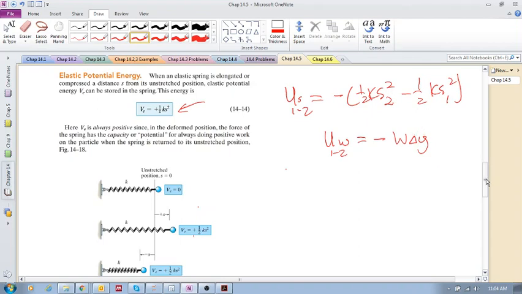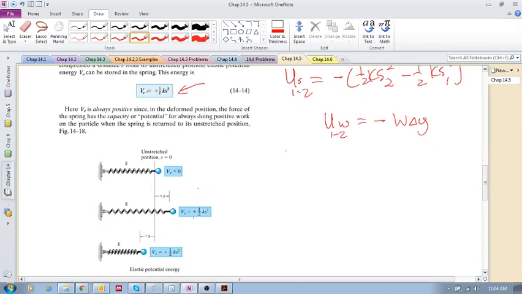Okay, so why is the potential energy in a spring always positive? There's two things that can happen. The first is if s is equal to 0, then there's no stretch or no compression, then the potential energy in the spring is 0. Okay, we haven't stored any energy, we can't recover any energy.